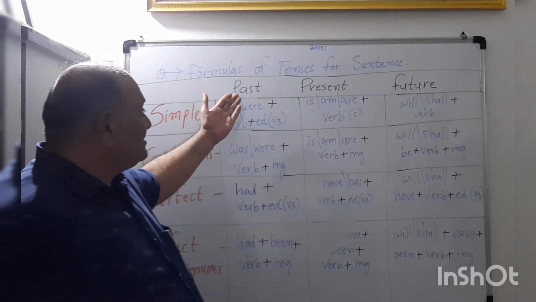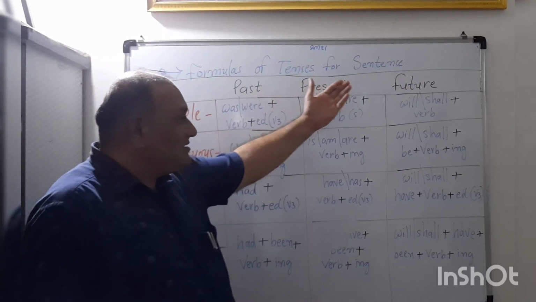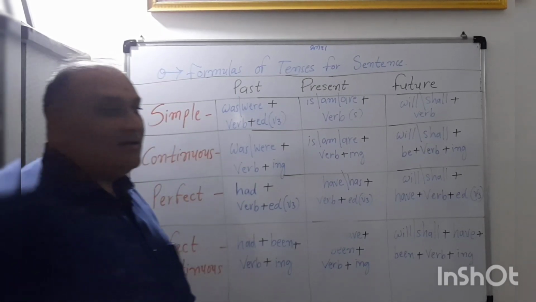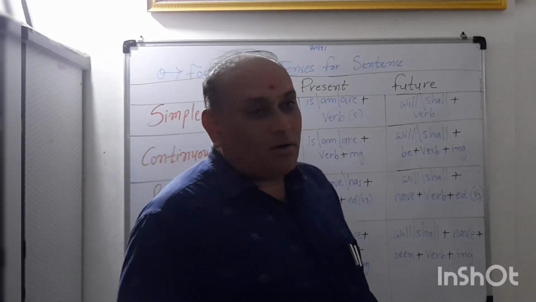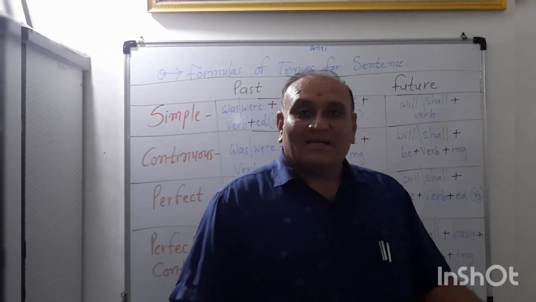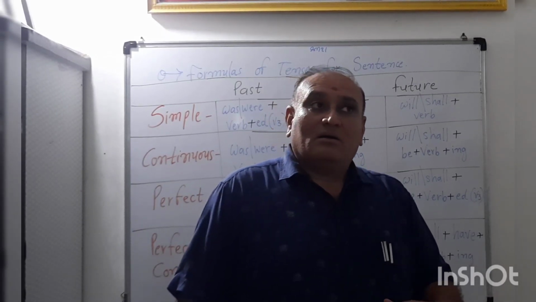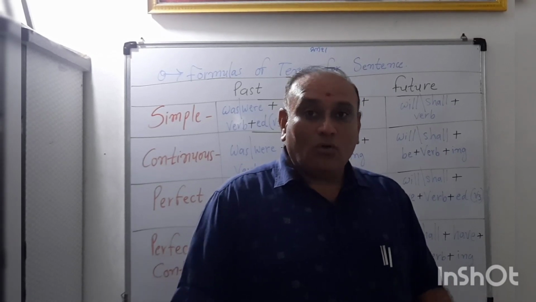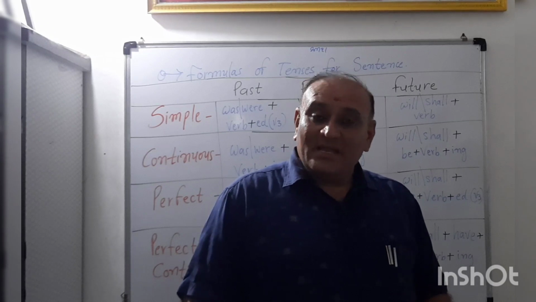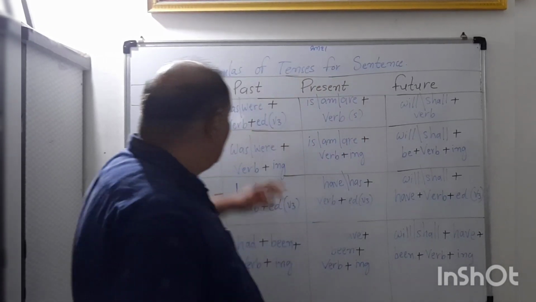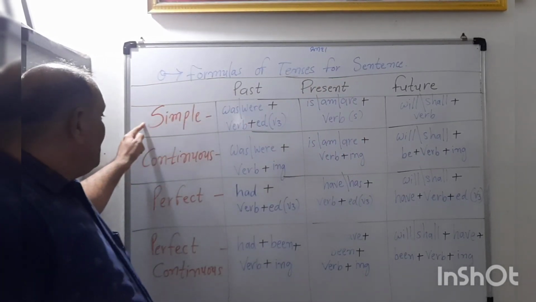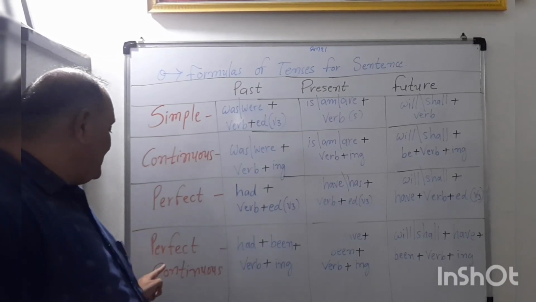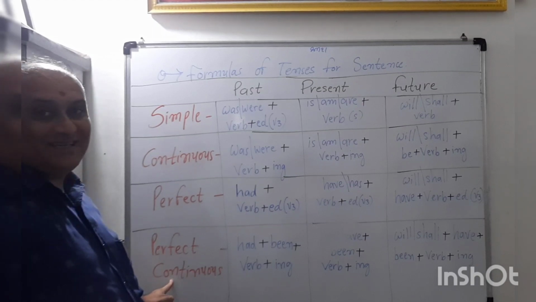We have the basic 3 tenses: past, present and future. But we have to define where the motion or the thing has happened. In our English grammar we have 4 subtenses. So in past tense: simple past tense, past continuous tense, past perfect tense and past perfect continuous tense.